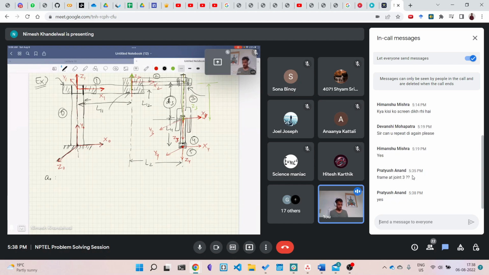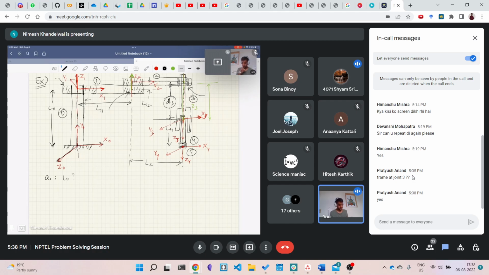Okay, so now we can try and identify what is a0. L naught. Are you sure about that? This length I've given as L naught, but will a0 be L naught?